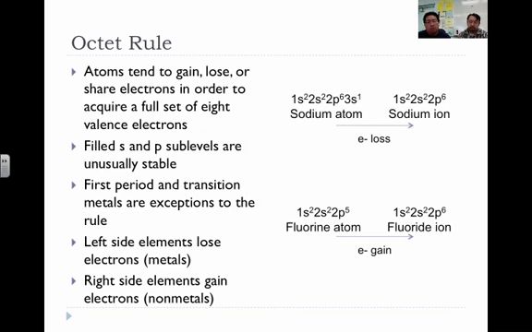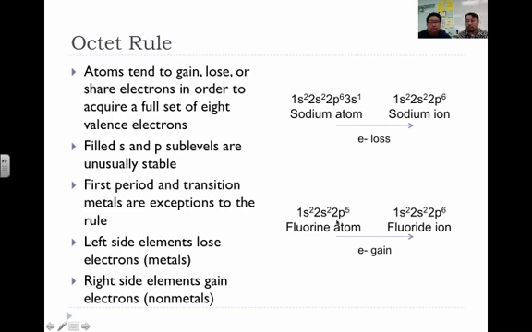So a quick way of solving these kinds of problems is to look at the highest energy level, and if it's closer to 0 or 8, you can either lose or gain electrons. The highest energy level, for instance, for sodium is 3s1. There's only 1 electron, which is closer to 0, so it's going to lose that electron and wind up with the electron configuration underneath.